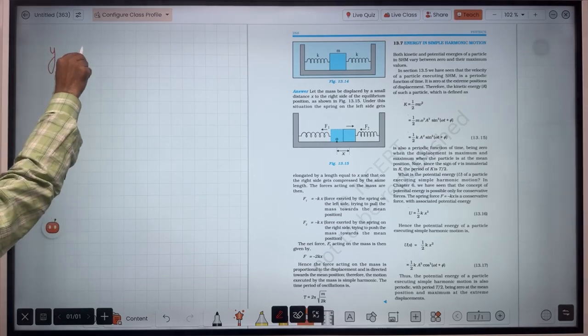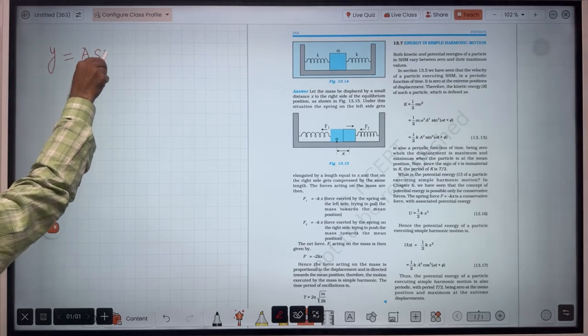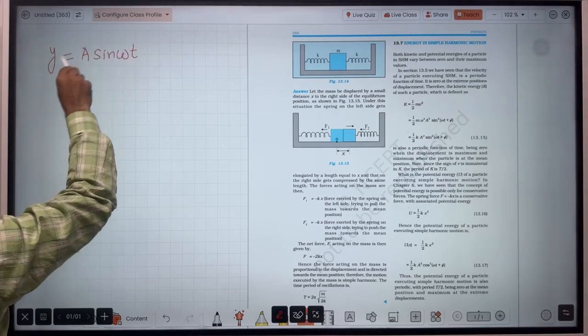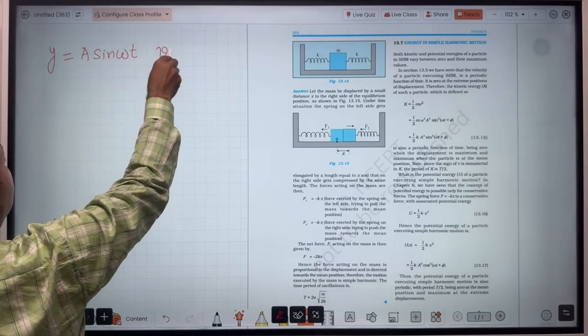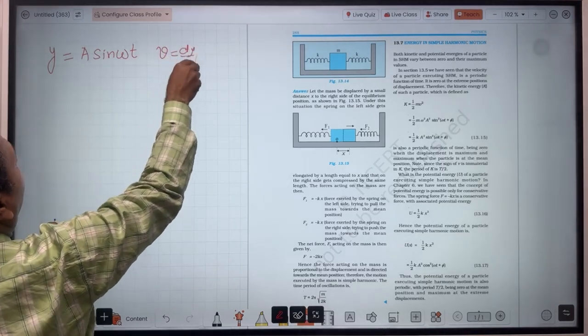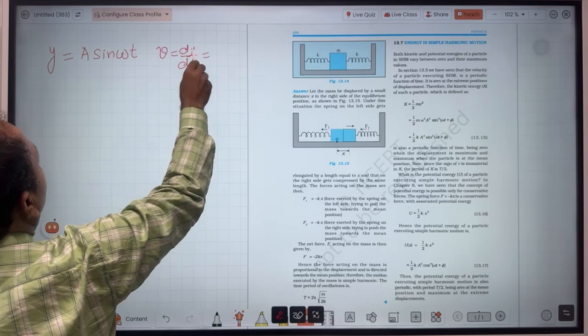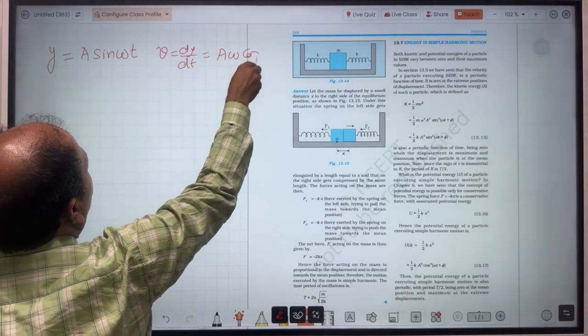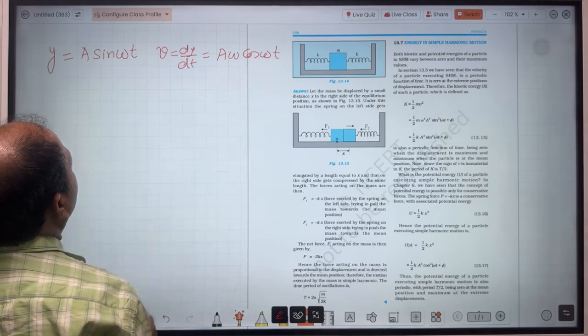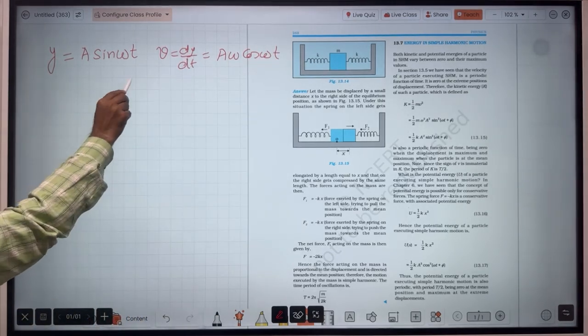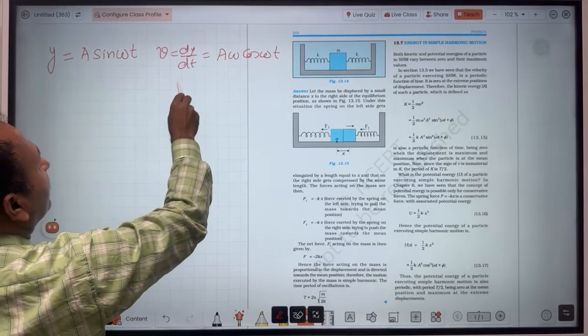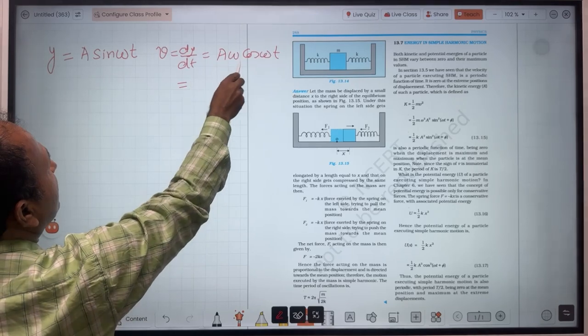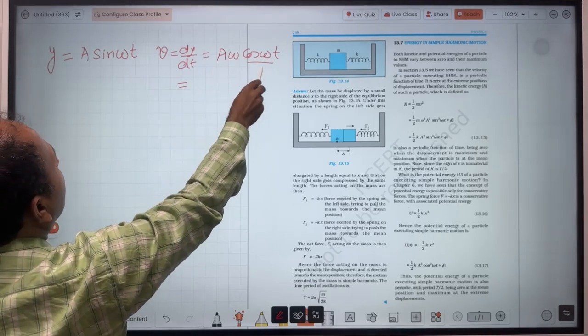Since we take y equal to a sine omega t, right? From here we can get velocity, that is dy by dt, which is equal to a omega cos omega t, correct? Now, if we find kinetic energy, or further, we can replace it in terms of sine.